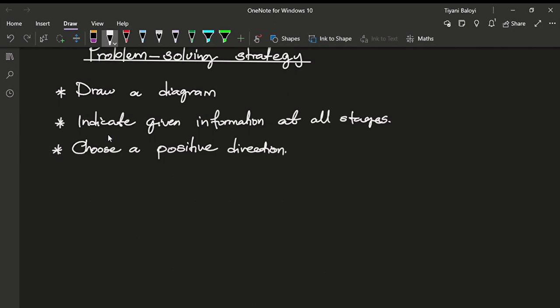It's not confusing, and also by indicating each and every piece of information, this will allow you to choose the correct equation. These are the equations of motion. Sometimes one of those equations has around three parameters, sometimes they have four, where you have displacement, speed, acceleration, and time.